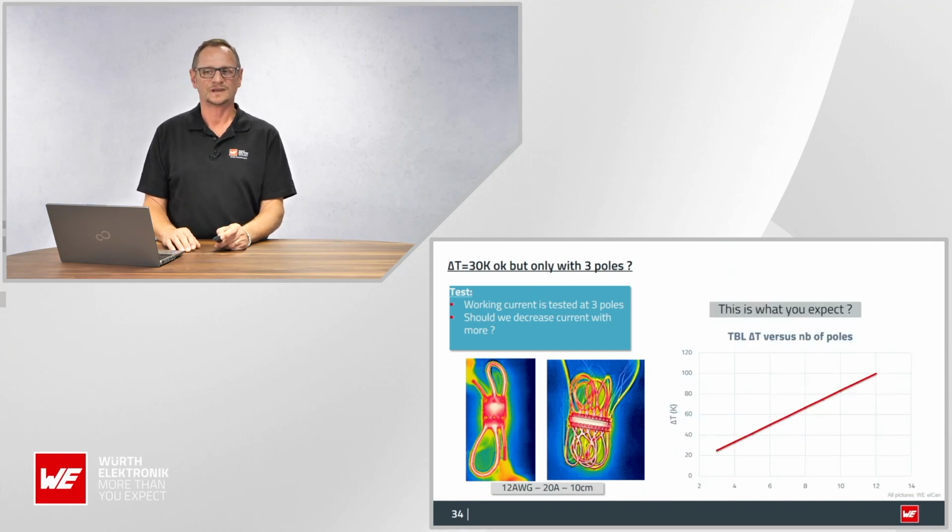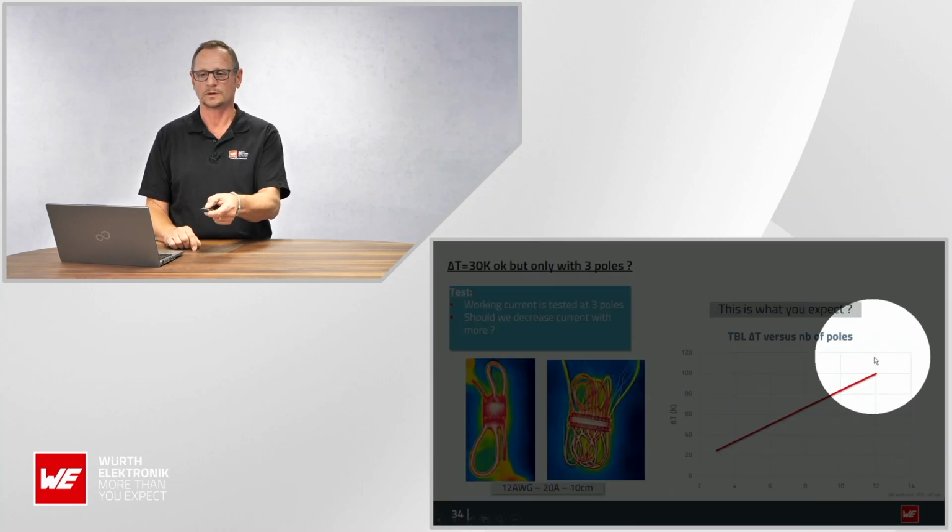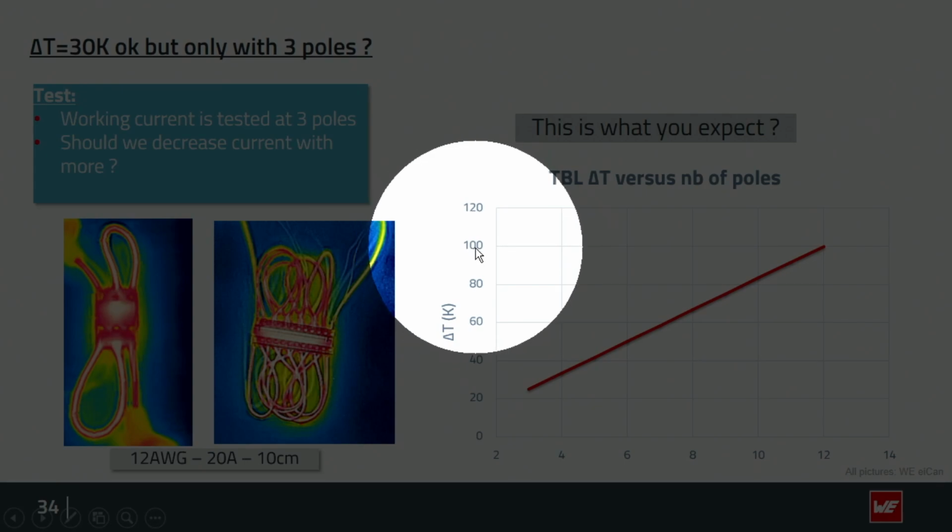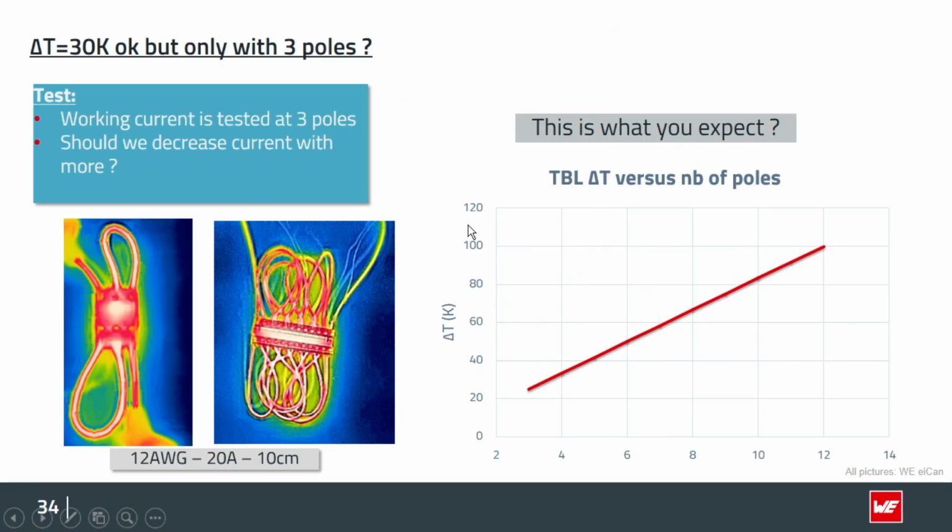If you calculate this, it's very likely that you end up with a temperature, looking here at the calculated type, at 12 poles. If you go up here, we end up with 100 degrees, or 100 Kelvin delta T, temperature rise, coming from a standard ambient temperature of 20 degrees, we would end up with 120. So this would be far too much for this kind of connector.